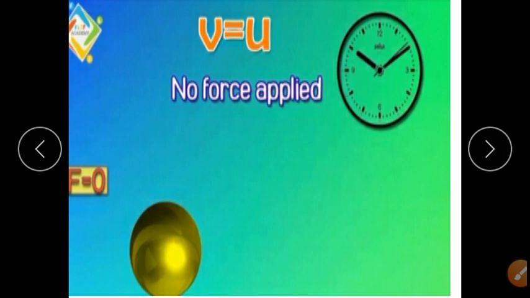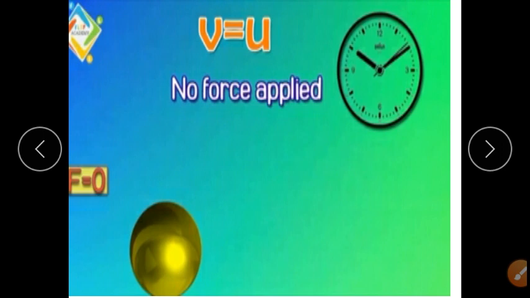Velocity will not change means if suppose the body is initially at a rest, that is U is equal to 0, initial velocity is equal to 0. Then what will be final velocity? It also will be 0. That is, the body will be at a rest itself. When? If force applied is equal to 0. That is, the body will continue the same state of rest if there is no force.